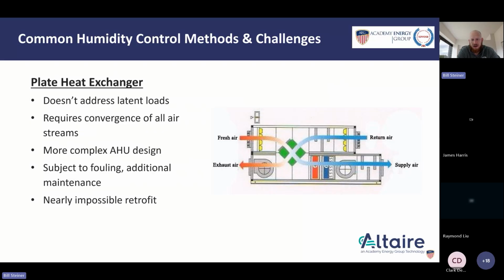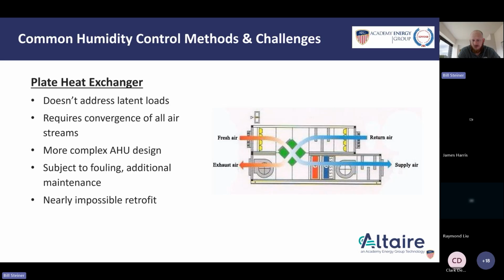Plate heat exchanger, it's pretty similar methodology to runaround coil. We're converging airstreams. We're taking heat from the outside air and we're rejecting it to the return air, or vice versa in the winter. Except this is done in a more compact yet less flexible footprint, right? I have to have a unit configuration like you see in the diagram here in order for all four of those airstreams to converge.